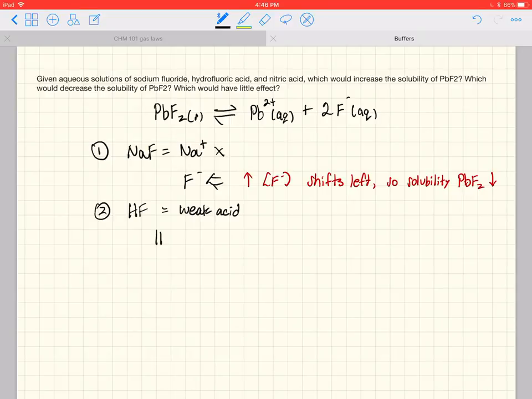This means that HF is mostly molecules in this form, and only small amounts of it are going to ionize to produce H plus and F minus. So there's just going to be a very little amount of fluoride present, which means it's going to have little effect in shifting this reaction left.